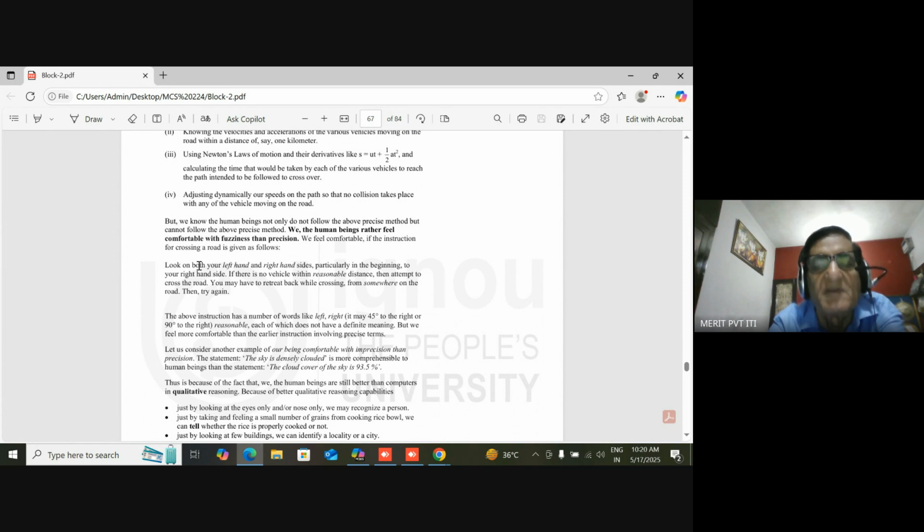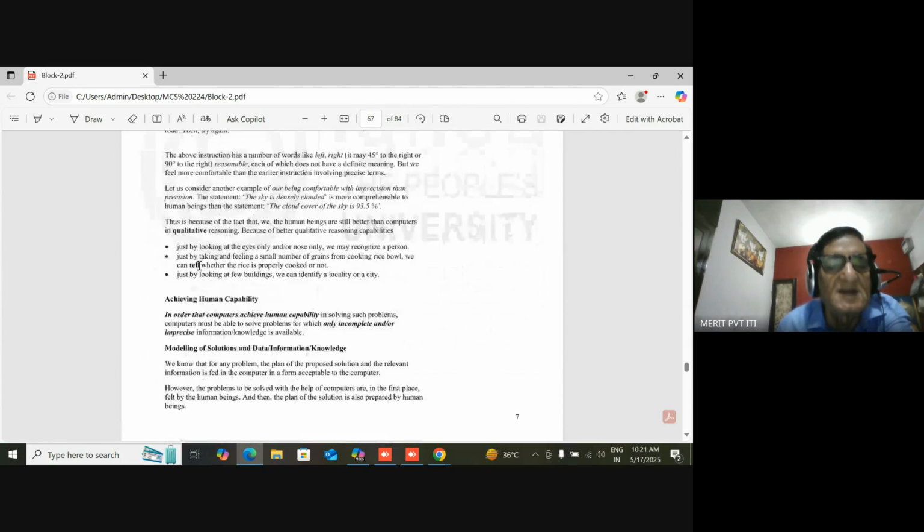We feel comfortable if the instructions for crossing the road are given as follows: look on both your left and right, particularly in the beginning to your right-hand side, and if there is no vehicle within reasonable distance, then attempt to cross the road. You may have to retreat back while crossing from somewhere on the road, then try again, and so on and so forth.